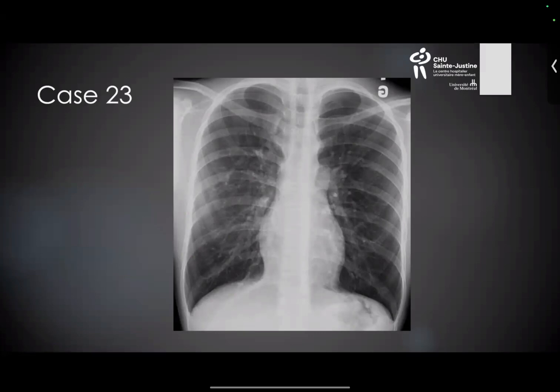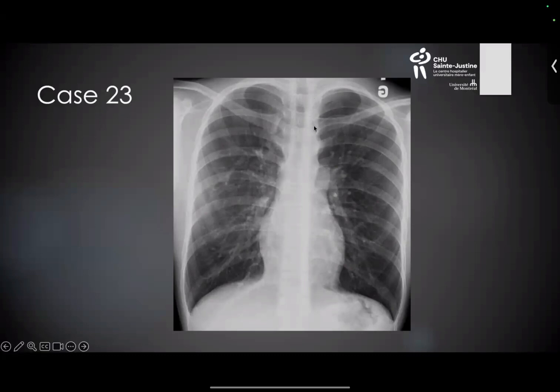Okay, you have another case of a kid presenting with high blood pressure. So what can you see? Basically, there are no issues with the aortic knob, the apex is on the left, the stomach is on the left, the heart size is okay, and the lung vascularization looks normal. So what do you see?